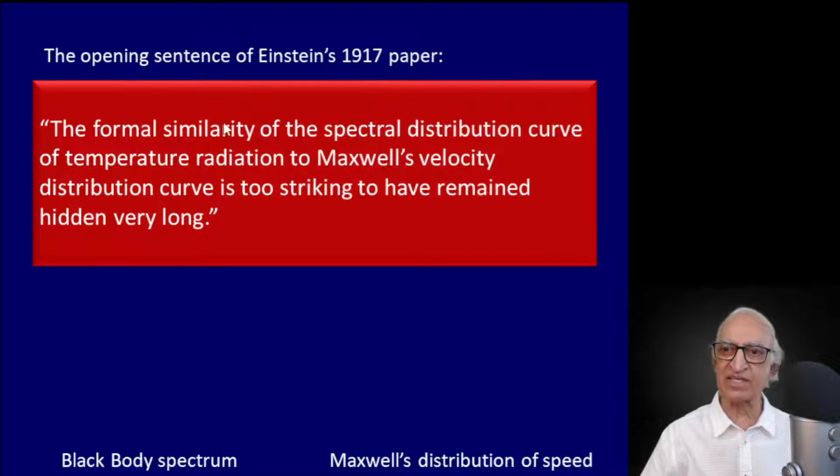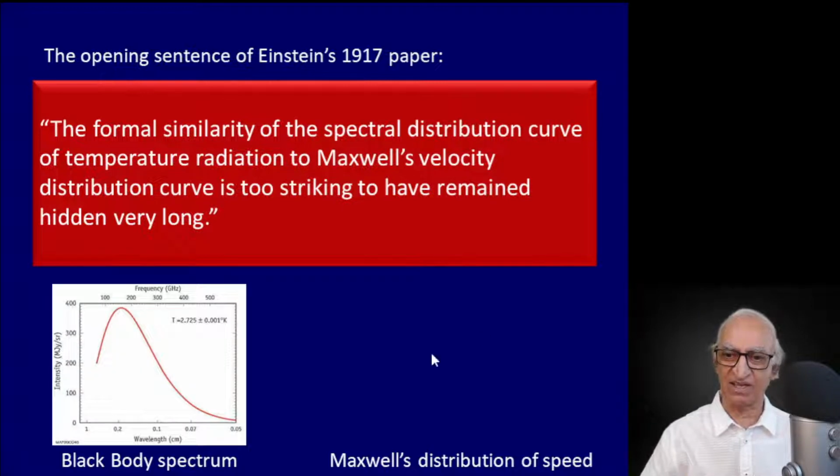The opening sentence of his paper is very interesting. "The formal similarity of the spectral distribution curve of temperature radiation, black body radiation, and Maxwell's velocity distribution curve is too striking to have remained hidden for very long." Here is the spectrum of black body radiation, intensity as a function of wavelength or frequency.